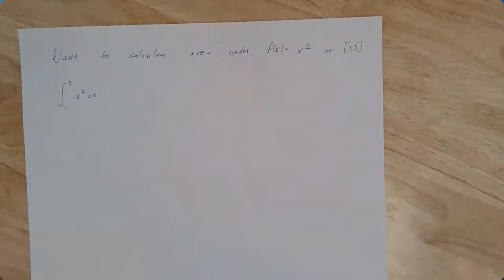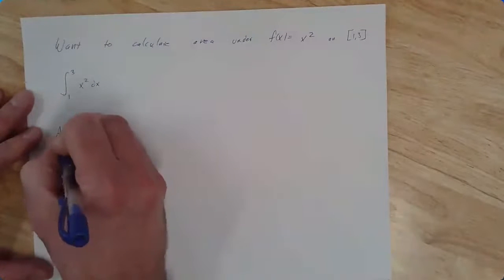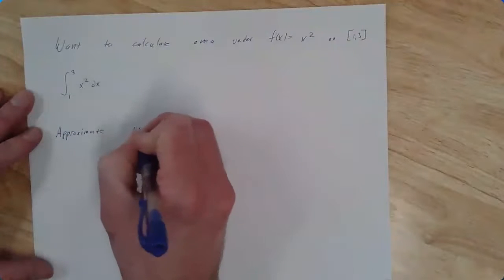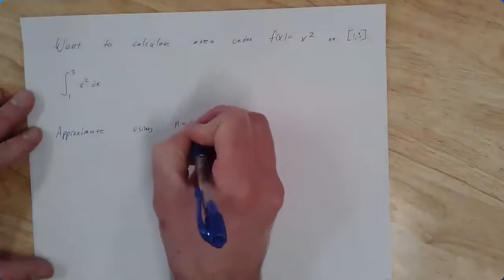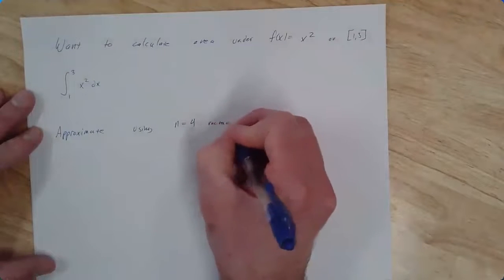What we're going to start by doing is taking the curve and approximating the area using some number of rectangles. So let's start by approximating using n equal to, you guessed it, 4 rectangles with right endpoints.